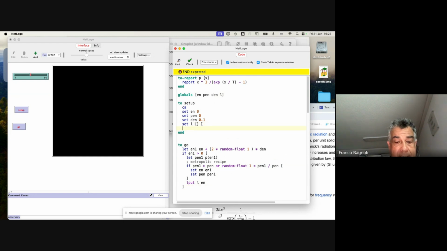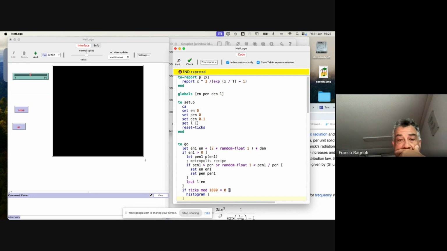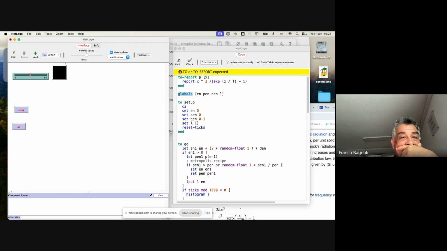Maybe I can reset ticks. Here I tick and say if ticks mod 1000 equals 0, histogram L. So we don't need this, we need just a plot.